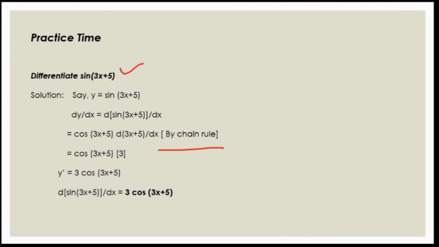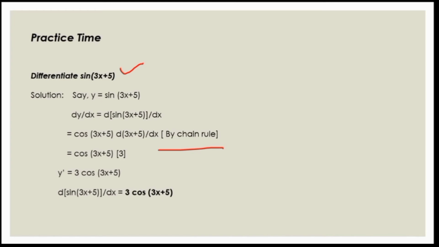As we know that the differentiation of sine is cos, it will evaluate into cos 3x plus 5, and the differentiation of 3x plus 5 is only 3. So the final answer will be cos 3x plus 5 into 3, or 3 into cos 3x plus 5.